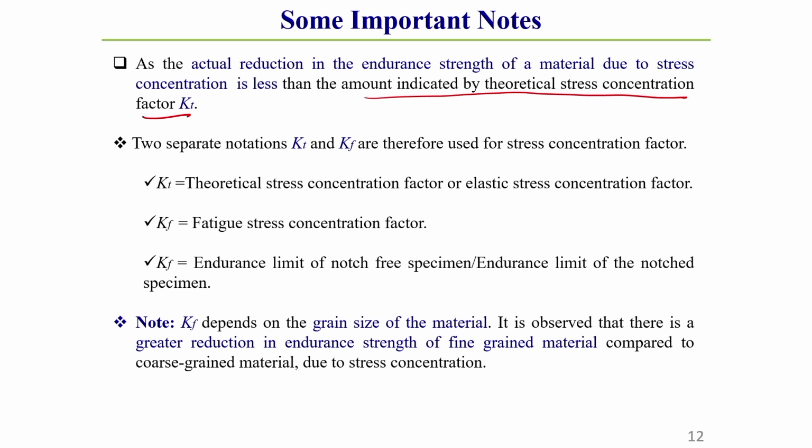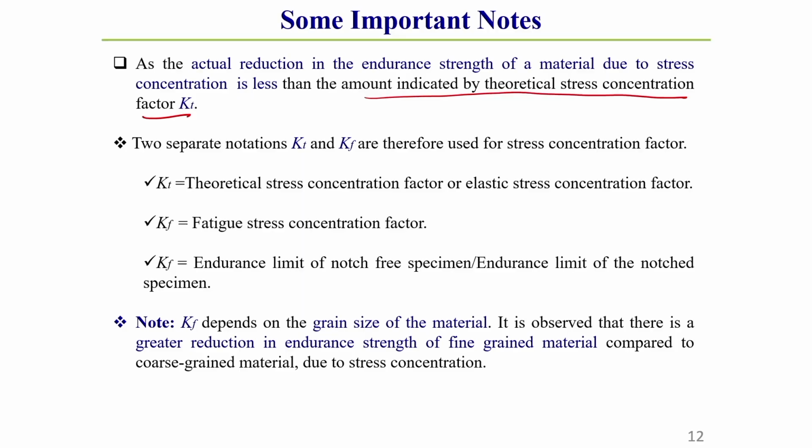If we calculate the endurance strength using this KT value directly, the value we get will differ from the actual endurance strength, and the predicted reduction of endurance strength will be higher. Why will it be higher?